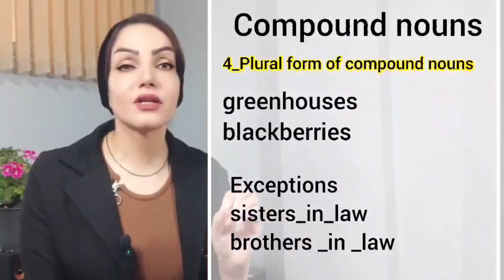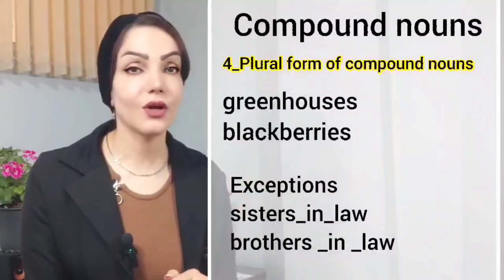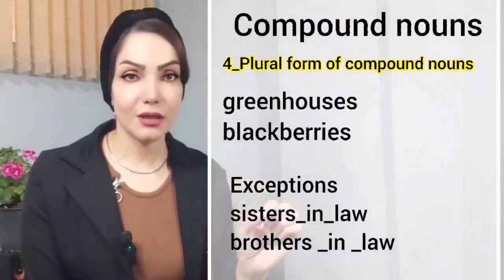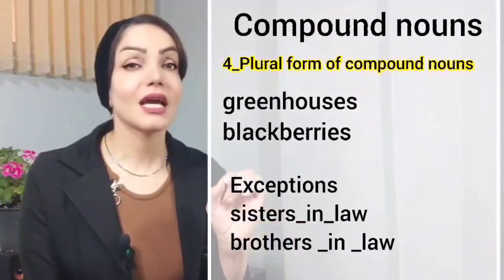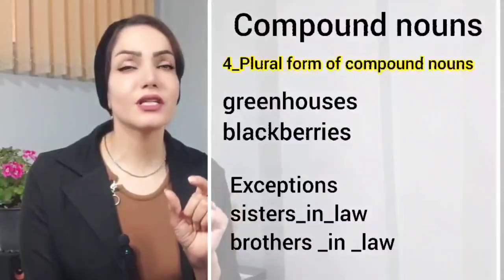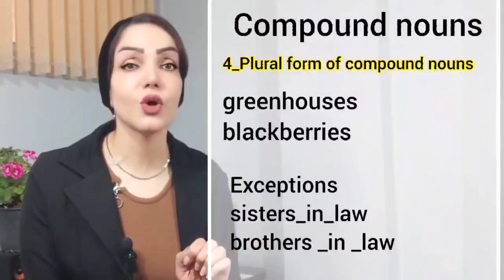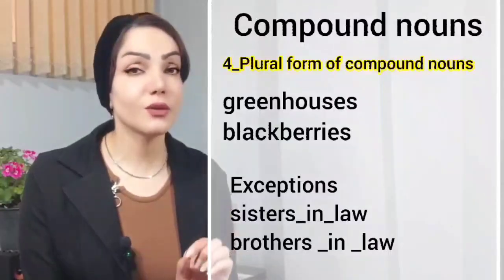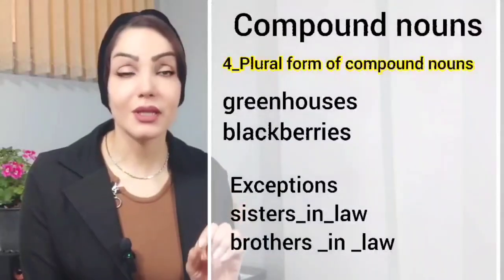And two sister-in-laws is completely wrong. Or brothers-in-law, mothers-in-law. Okay, keep in mind, add s or es to the first part of this word. A good learner's dictionary can help you to figure out where to add s to compound nouns.